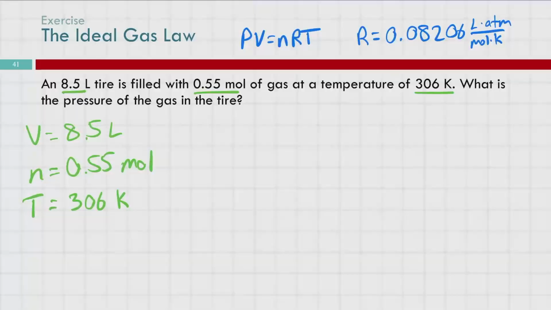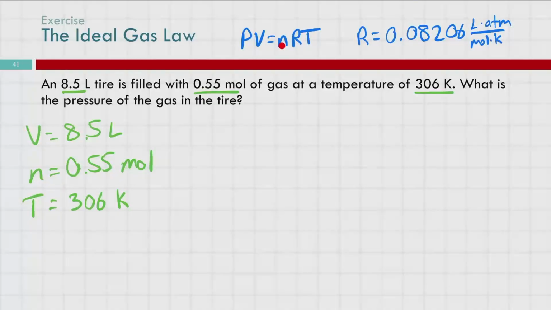In case that hasn't become obvious to you, if you don't know what P, V, N, R, and T are in the ideal gas law, you can't solve the problem. Meaning, you have to know P's pressure, and identify what units of pressure are. You have to know V's volume, and what units of volume are.